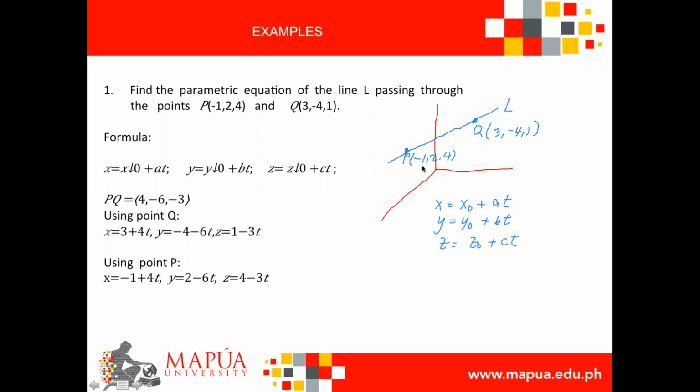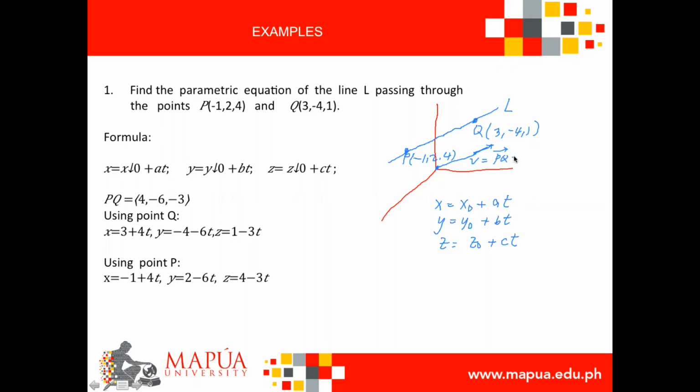These will be the coordinates of your point P, which are (-1, 2, 4). And for a, b, c, which is the vector V, let's draw a vector V parallel to line L. This will be equal to the vector PQ.